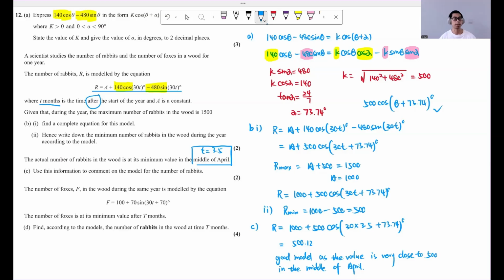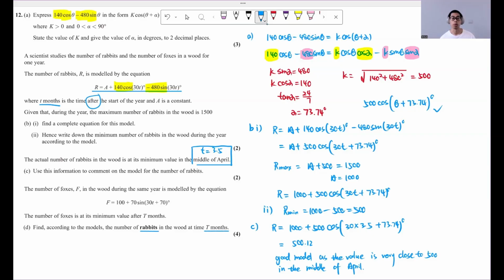Okay, and then part D. The number of foxes F in the wood during the same year is modeled by the equation F equals 100 plus 70 sin(30t plus 70 degrees). The number of foxes is at its minimum value after T months. We want to find, according to the models, the number of rabbits in the wood at time T months.